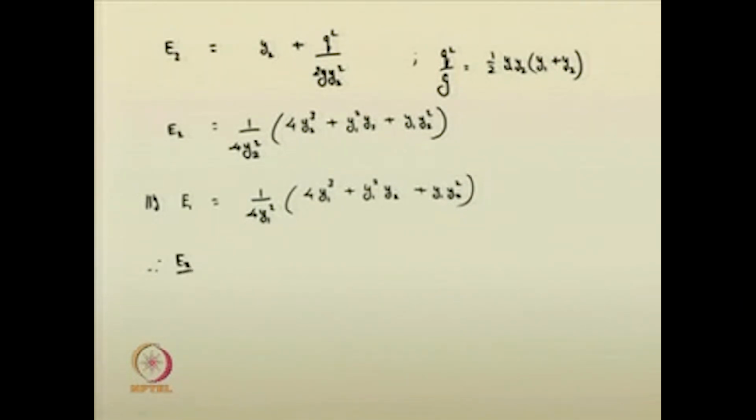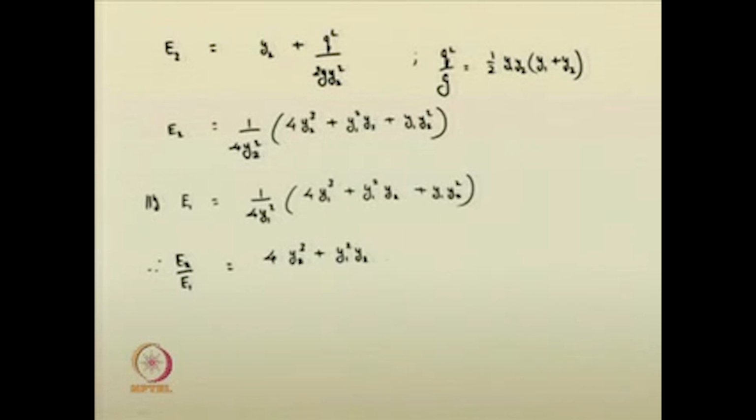Therefore, E2 by E1 you will get as the corresponding quantity: (4 y2 cube plus y1 squared y2 plus y1 y2 squared) by (4 y1 cube plus y1 squared y2 plus y1 y2 squared) into (y1 by y2) whole square.